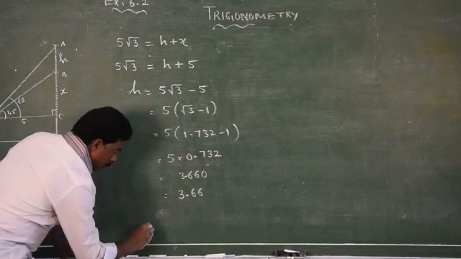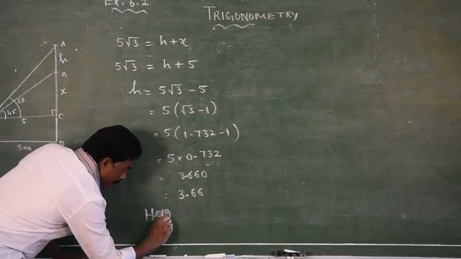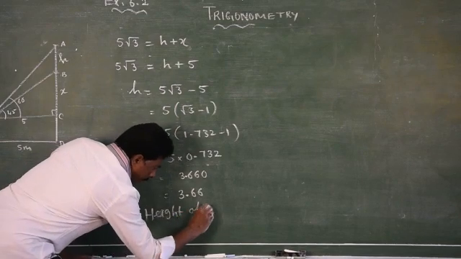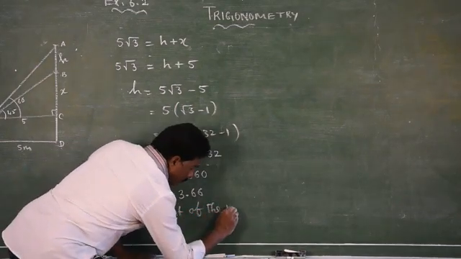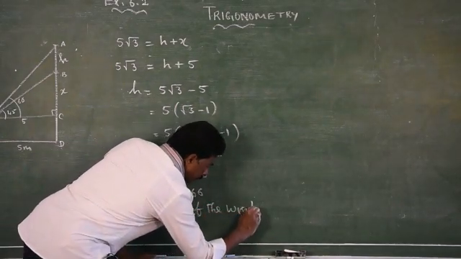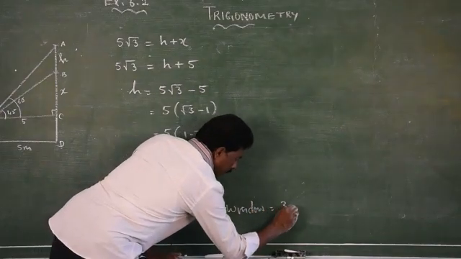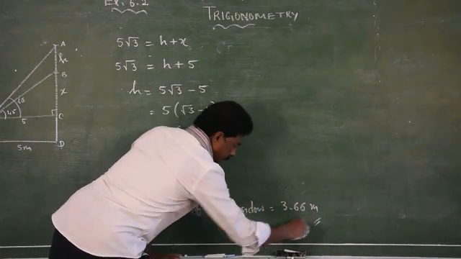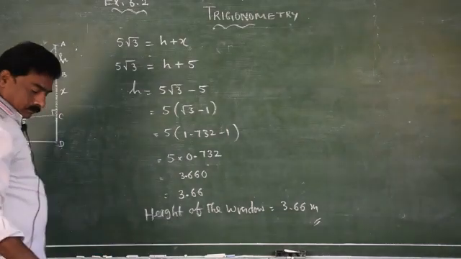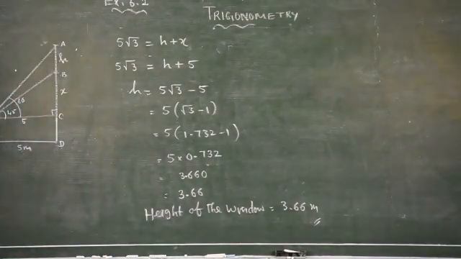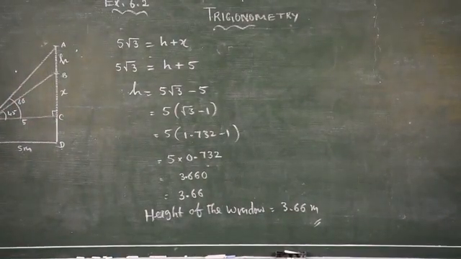So the height of the window is 3.66 meters. Now come to the fourth one.